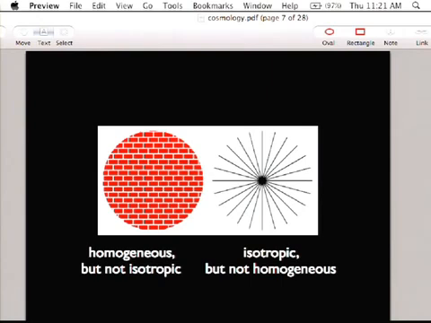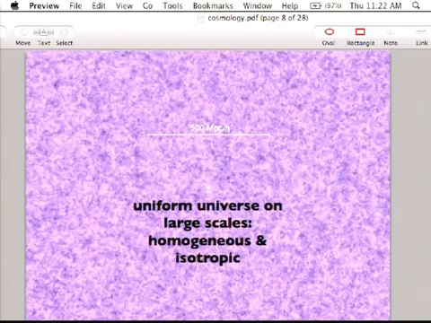But our universe is homogeneous and isotropic. Next shows the initial condition of some n-body simulation. We start with this matter fluctuation at redshift about 100 and evolve to today.